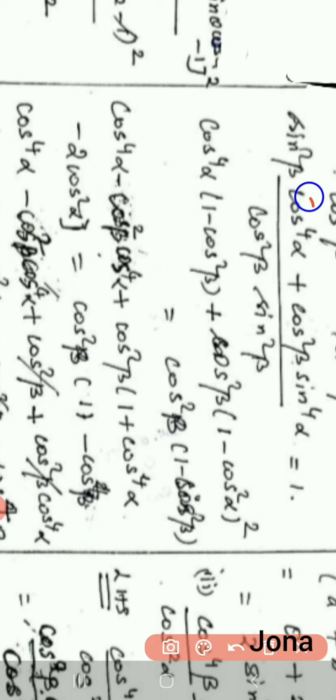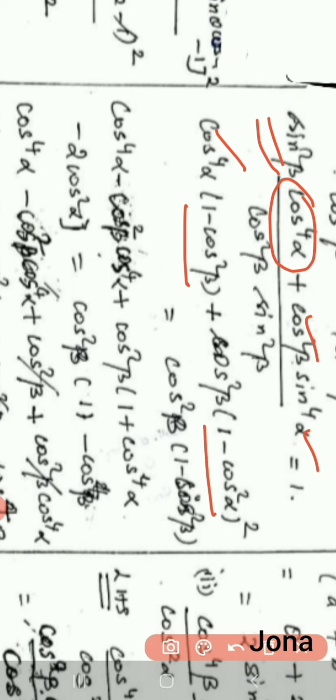Okay, so keep cos power 4 alpha as it is, and instead of this sin square beta I can write 1 minus cos square beta, plus keep this cos square beta as it is. Instead of this sin power 4 alpha I can write 1 minus cos square alpha the whole square, because that sin power 4 can be written as sin square alpha the whole power 2. Instead of that sin square alpha I can write 1 minus cos square alpha.